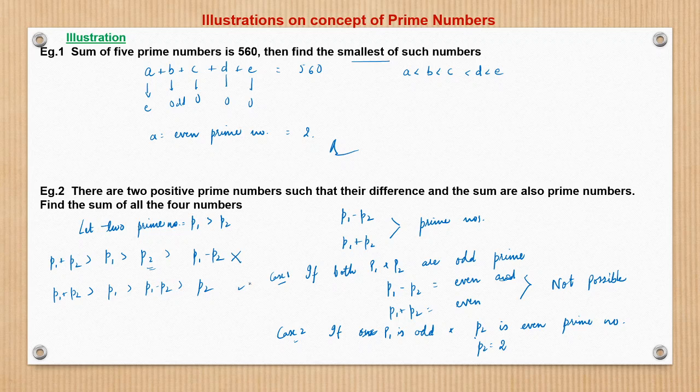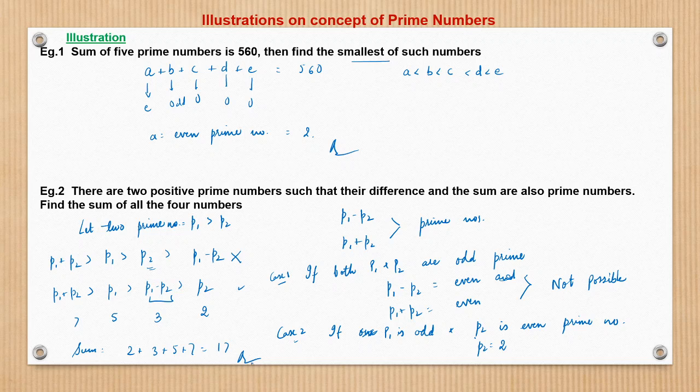So only this case is possible where P2 is 2. Then there is another prime number which is more than 2 but less than the P1 prime number. So let's suppose P1 minus P2 is 3. So P1 can be 5. 5 minus 2 is 3 and 5 plus 2 is 7. So 2, 3, 5, 7 is the possible set. So the sum becomes 2 plus 3 plus 5 plus 7, that is 17, which is the answer.